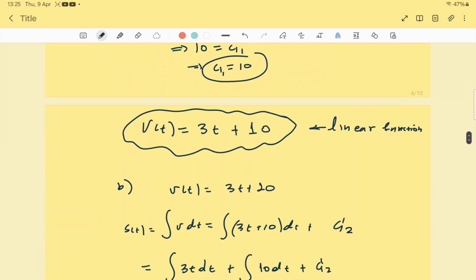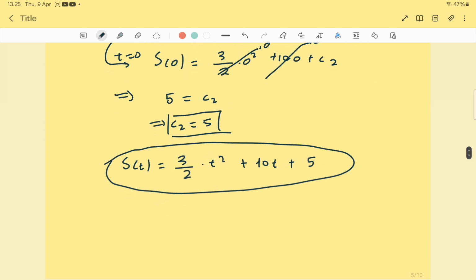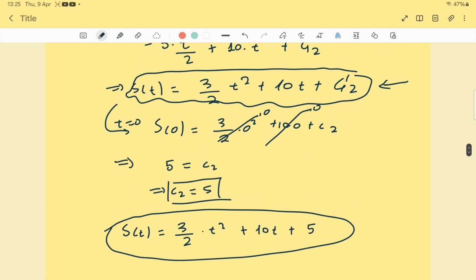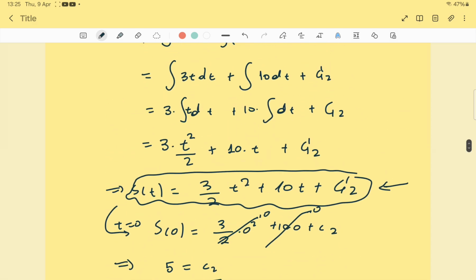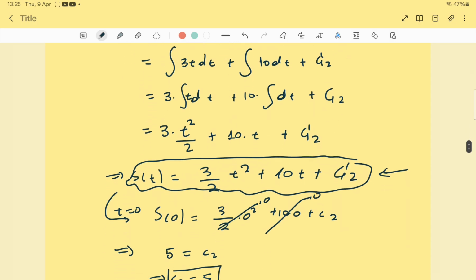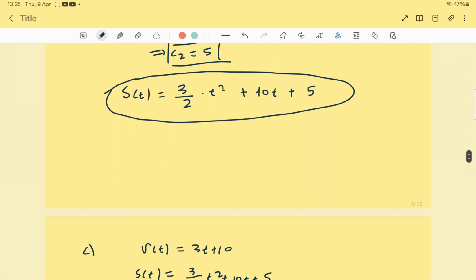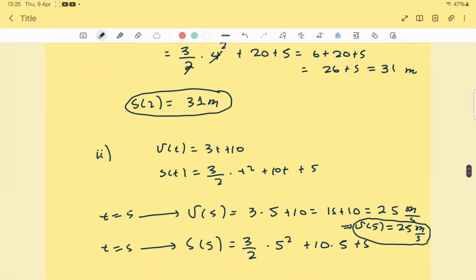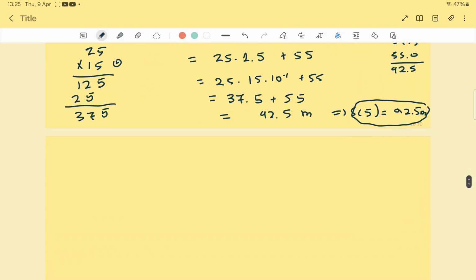It was a classical kinematics problem where you have the acceleration as a function of t, which is a constant, and then you integrate to find the velocity, and then you integrate to find the displacement. Okay, all done here.